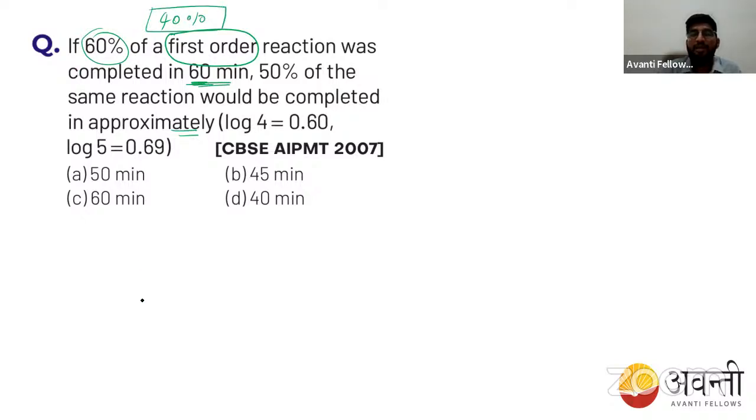We have to find when 50% of the same reaction is completed. 50% means half of the reactant is left, so it is the half-life period. So we have to calculate the half-life of this reaction.